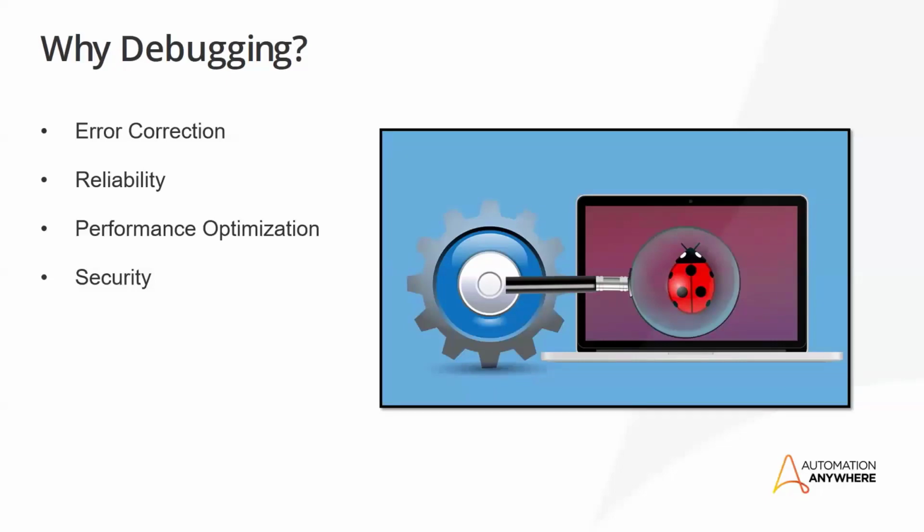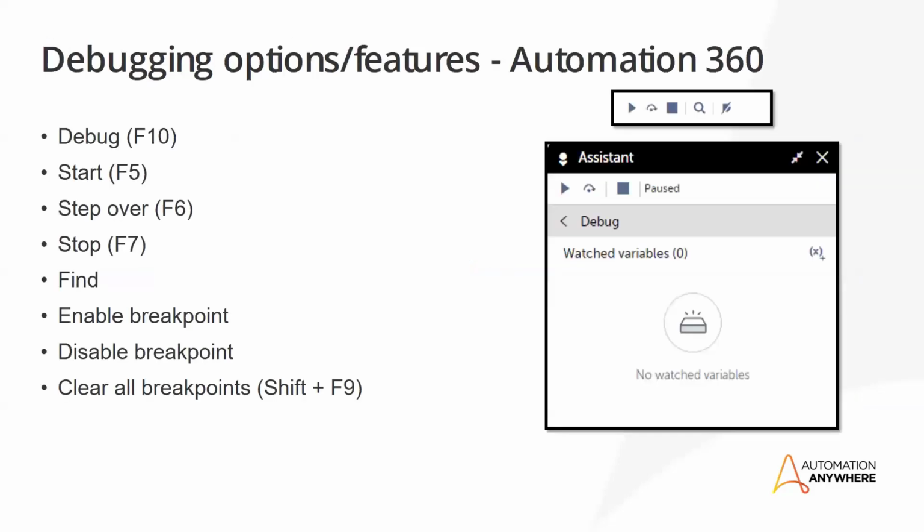This was one example where the security aspect comes into the picture. Then improving the user experience, making sure there are no unexpected crashes of your bot. And then maintainability. So these are some points where we understand why we actually need debugging.